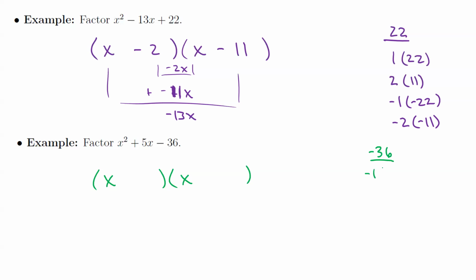So -1 times 36, but it also could be like that, right? You could have the negative on the 1 or the negative on the 36. Same thing with -2 times 18. The negative could be with the 2 or the negative could be with the 18.